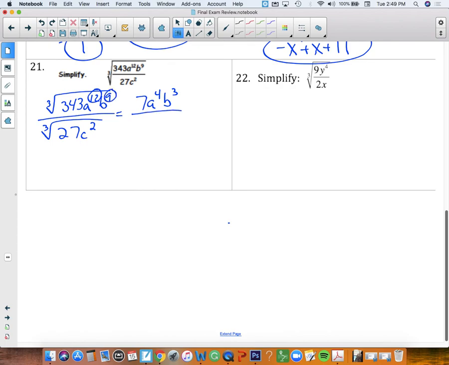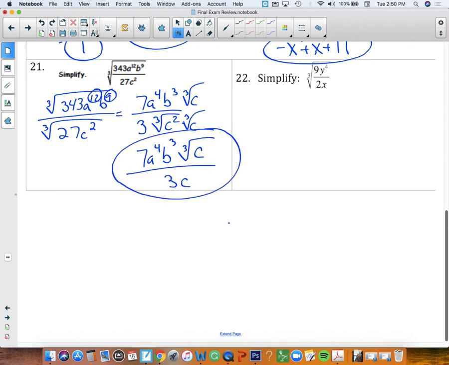On the bottom, cube root of 27, that's a 3, and then we're left with the cube root of c squared, which we are going to have to rationalize. So we have to take it times another cube root of c in order to rationalize it. So it's a to the 4th, b to the 3rd, cube root of c, all over 3c, because that would complete my radical.